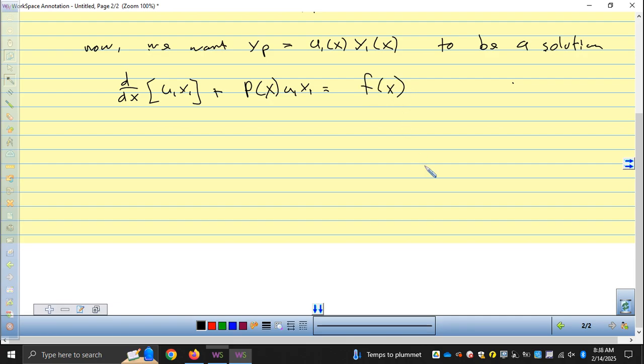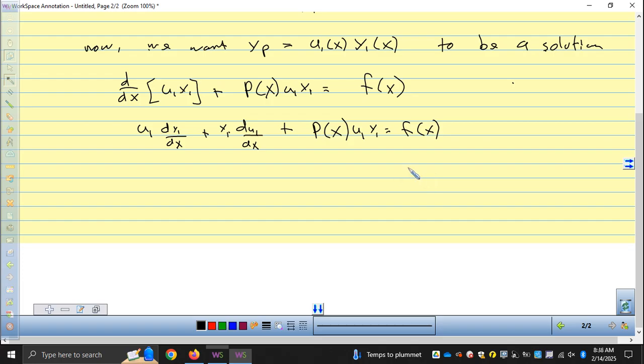If it's a solution, that has to be true. If I take the derivative of this, I get u1 dy1 dx plus y1 du1 dx using the product rule, plus p of x u1 y1 equals f of x.